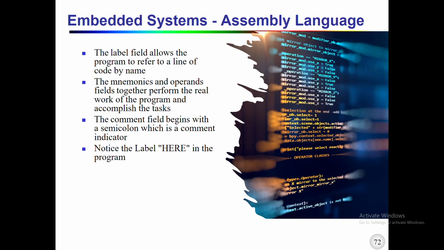As for the programs, as we mentioned at the start of our lessons, we can use assembly language, which has a label field that allows the program to refer to a line of code by name, with mnemonics and operands, and fields together to perform real work and accomplish the tasks. The comment field begins with a semicolon.